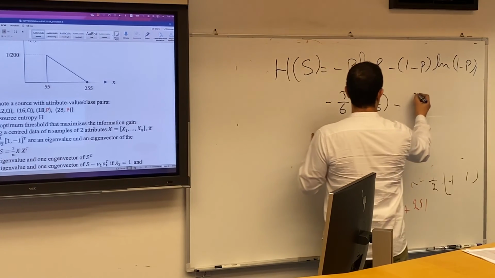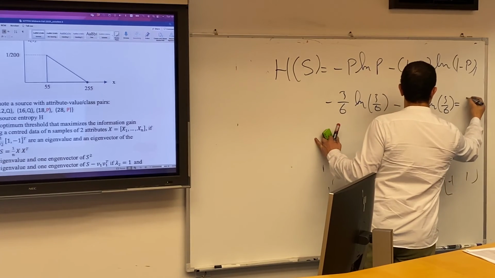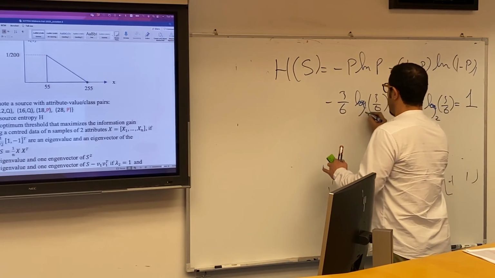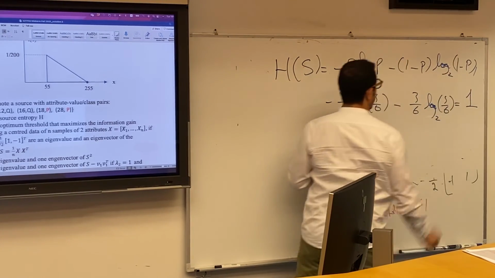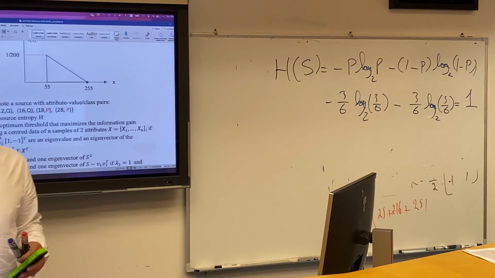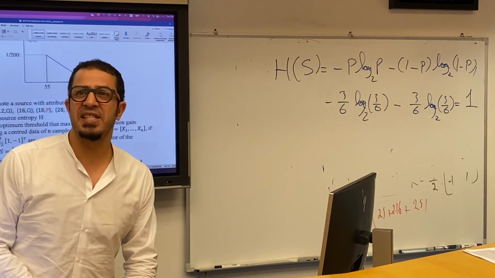The other one is the same thing, right? What do we get here? I think log base 2, sorry. Yes, log base 2, thank you. Okay, it is 1. Now, how many possible separations can we do? How many data do we have here? 6, right?